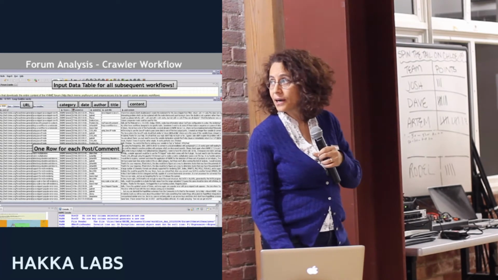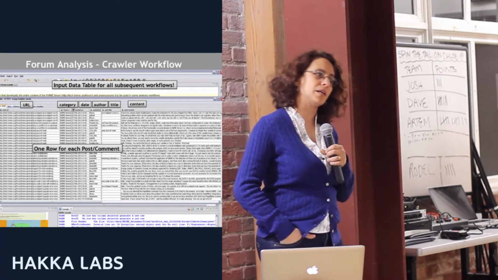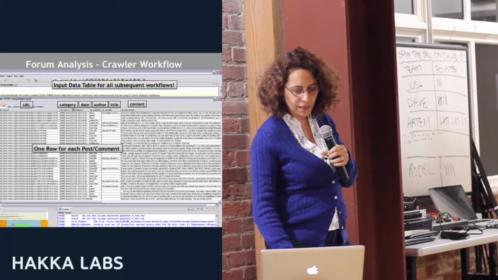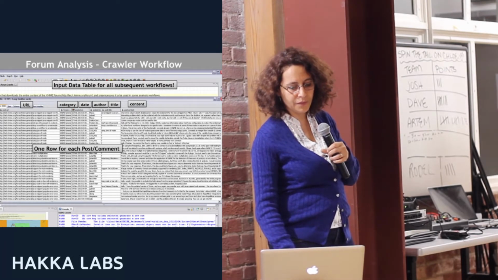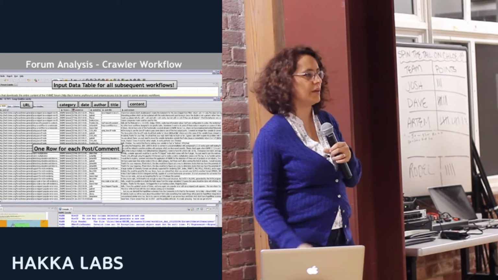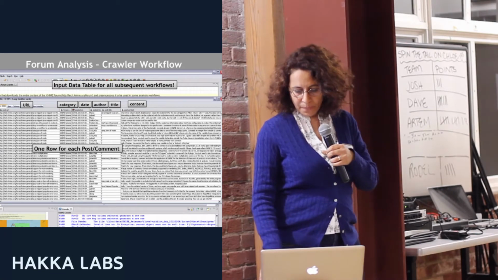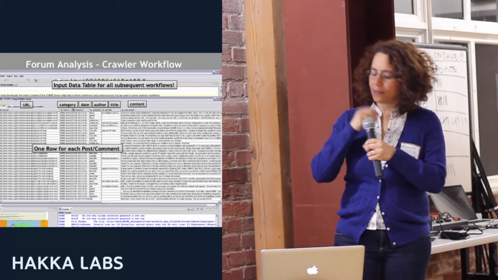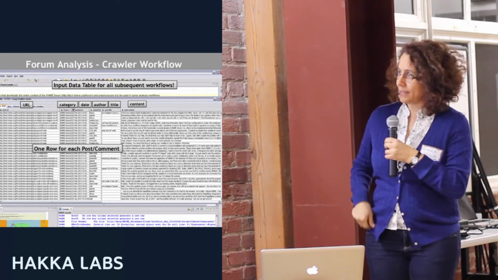There are a few rows without any title. That's because those are the comments to the same thread. Here is the URL of the thread, and here you have the original post, and then you have all the comments that are related to this thread. Okay, so this is the part about downloading the data.